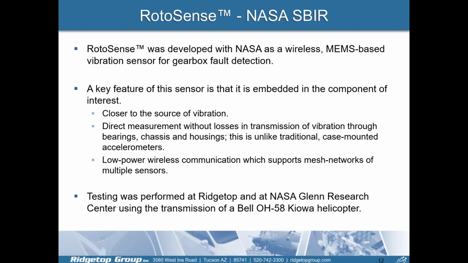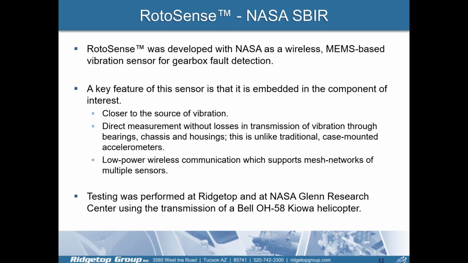By doing that, we were closer to the source of vibration and had direct measurement without losses in transmission of vibrational signatures that normally have to translate through bearings, chassis, and housings. So that's unlike traditional case-mounted accelerometers. RotoSense is also a low-power wireless communication device, which supports a large number of different sensors in different applications.